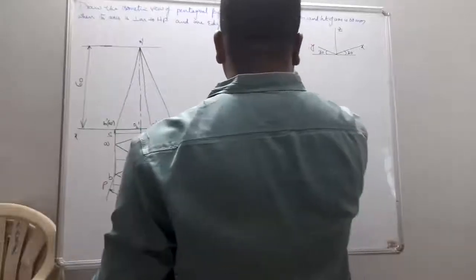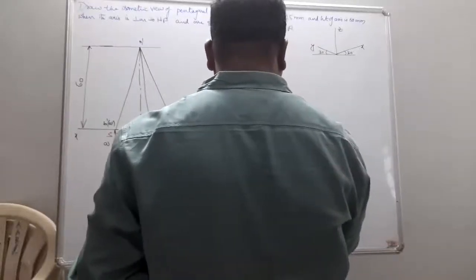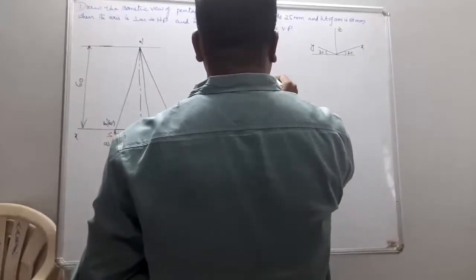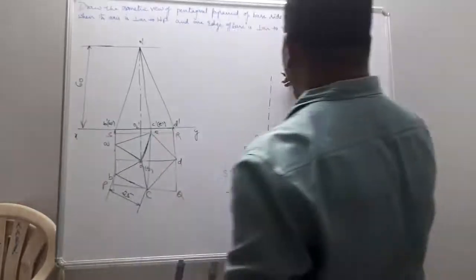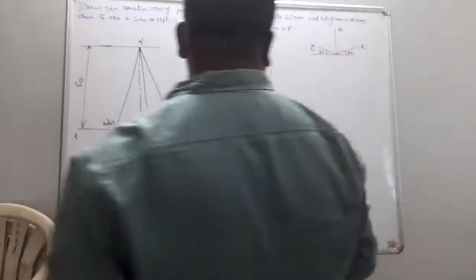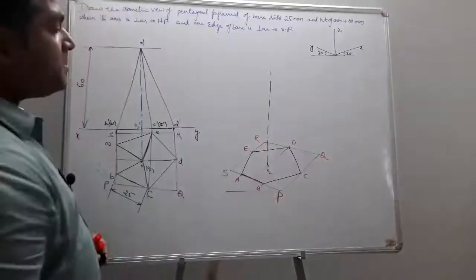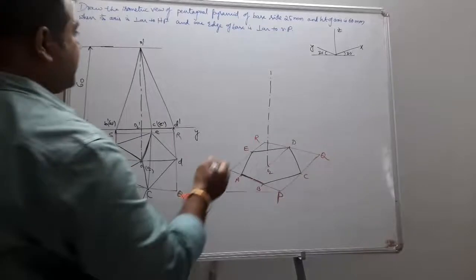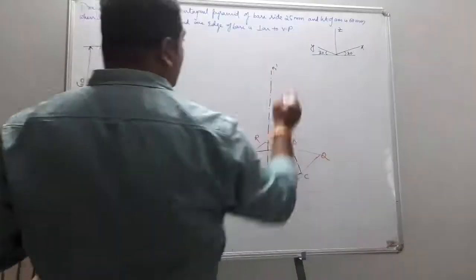From here I just draw the vertical, which is equal to the height of the solid. So this becomes my O1 dash.